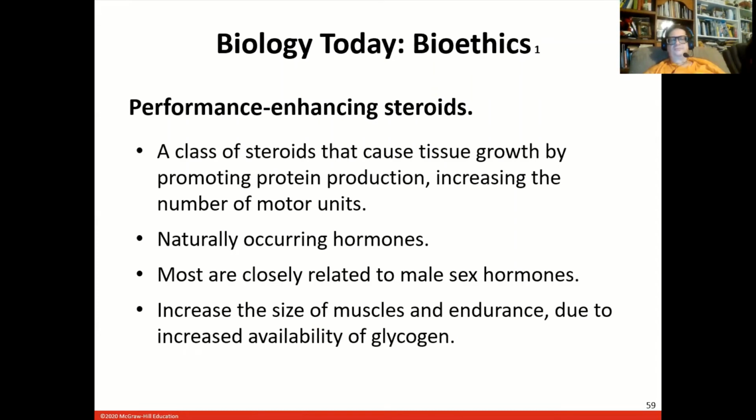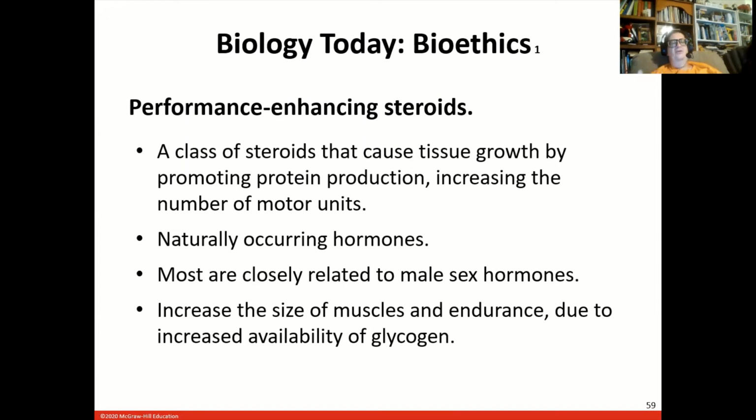We're now going to talk about bioethics, performance enhancing steroids. Steroids that make your muscle tissue bigger by promoting protein. They're not saying it here, but I'll go ahead and say it. Anabolic, that's just a general term that means we're adding things together. In this case, adding amino acids together to make a protein.